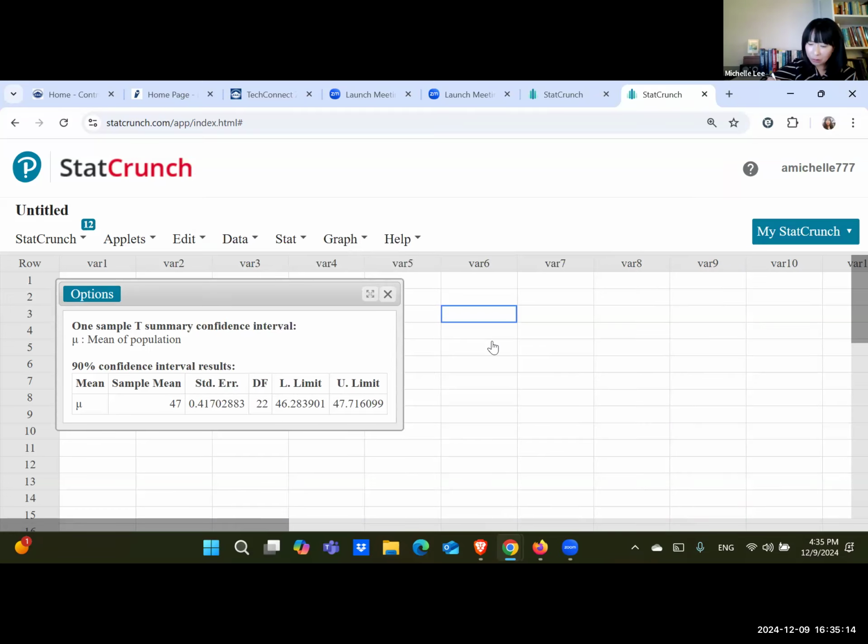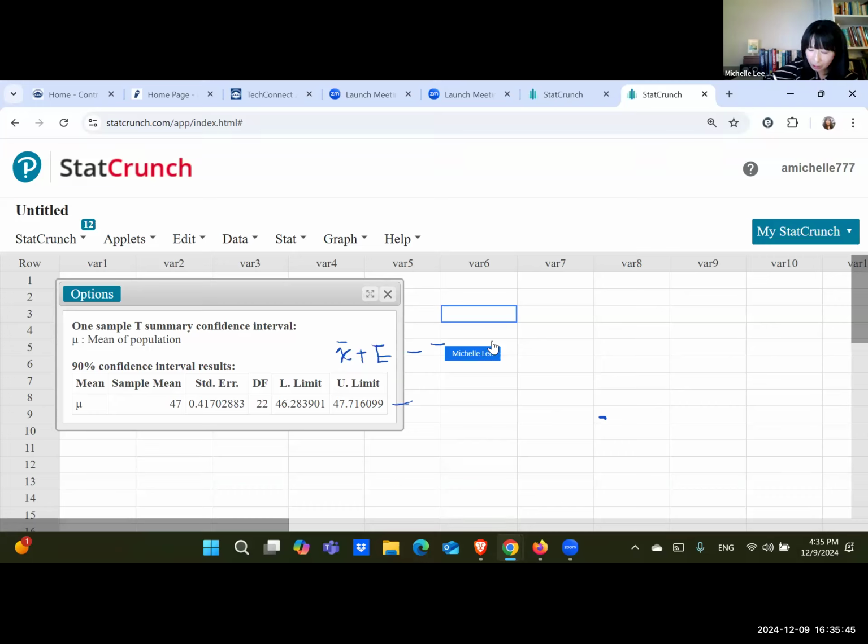Now, margin of error, we subtract, right? So subtract the X bar. So this is actually X bar plus margin of error.